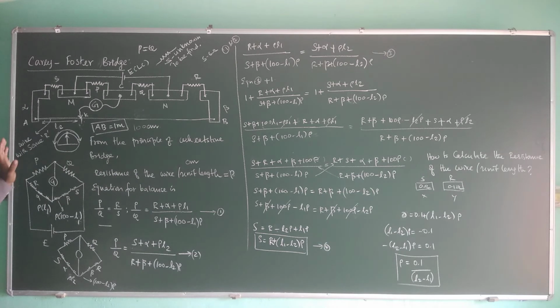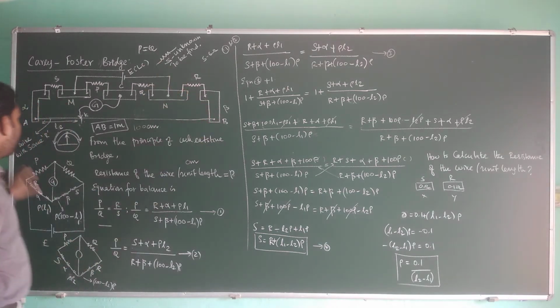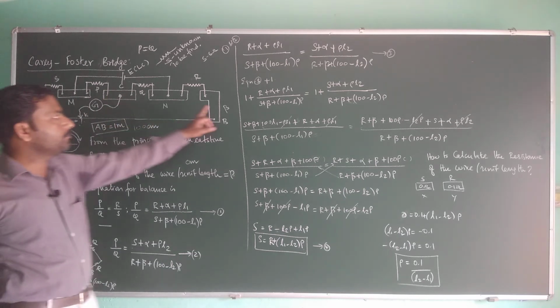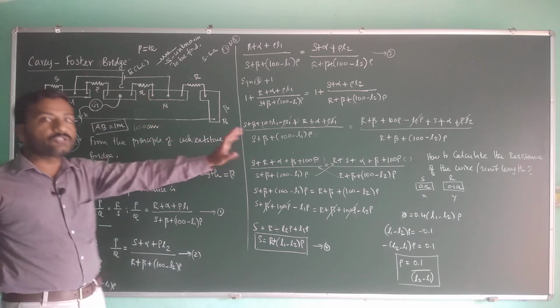Now assume that first this unknown resistance is connected on the right side, and we find the balancing length L1; the equivalent circuit is given here. We assume that the resistances of the strips A and B are alpha and beta, while the 3 strips have 0 resistance.